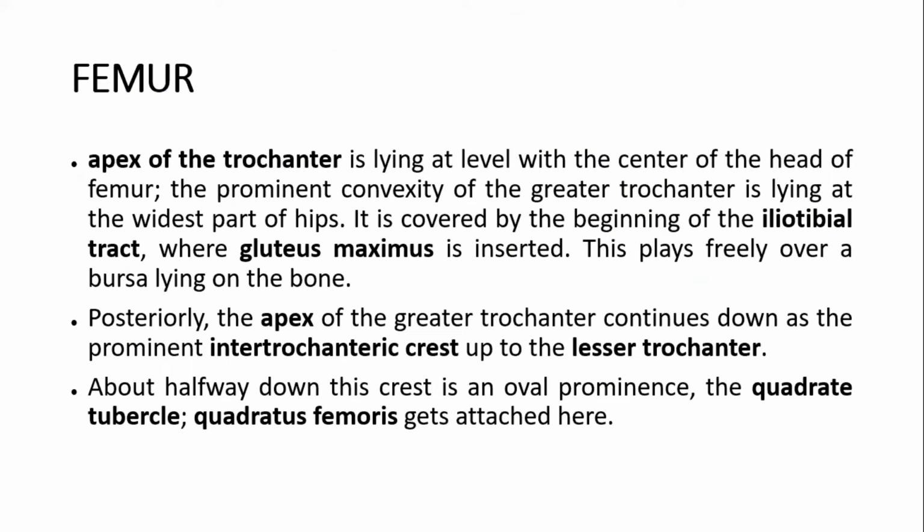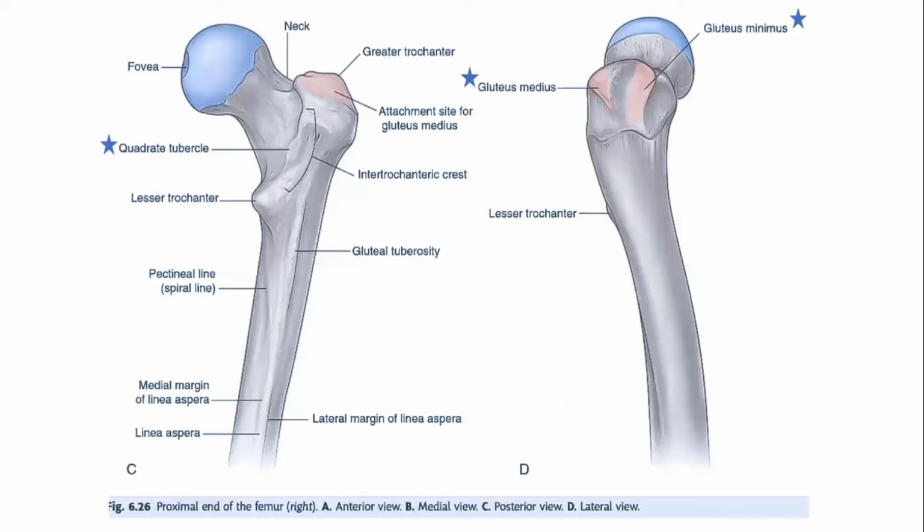The apex of the trochanter is lying at level with the center of the head of the femur. The prominent convexity of the greater trochanter is lying at the widest part of the hips. It is covered with the beginning of the iliotibial tract, where gluteus maximus is inserted. This plays freely over a bursa lying on the bone. So now the attachment of the gluteus maximus. Let's see that.